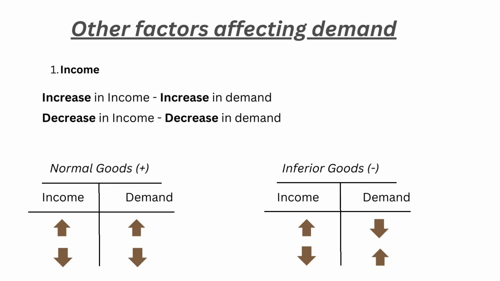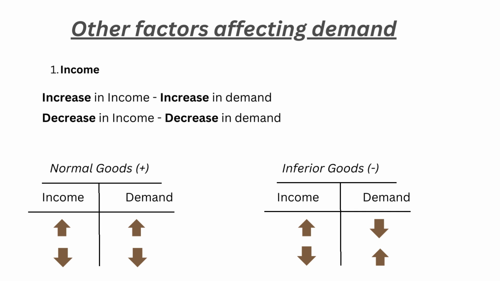Next are the other factors which affect demand. I have mentioned five factors, namely income, advertising, population, interest rates, and changes in the price of other goods such as substitute and complementary. If you take income as the first factor, an increase in income will also increase demand.